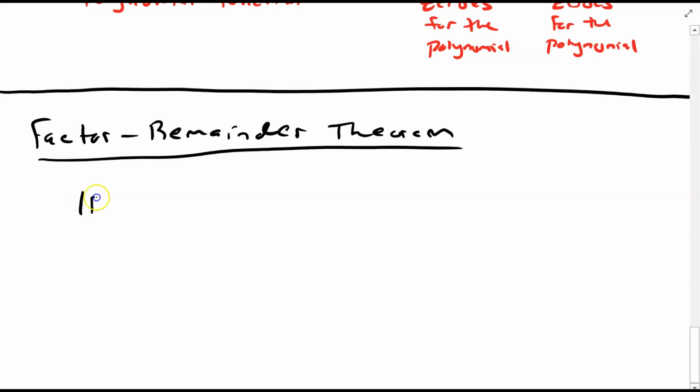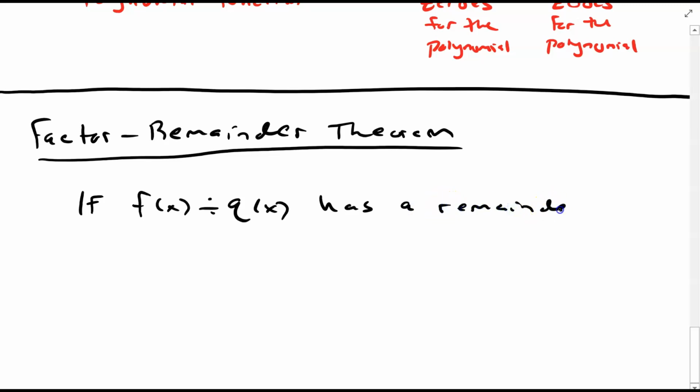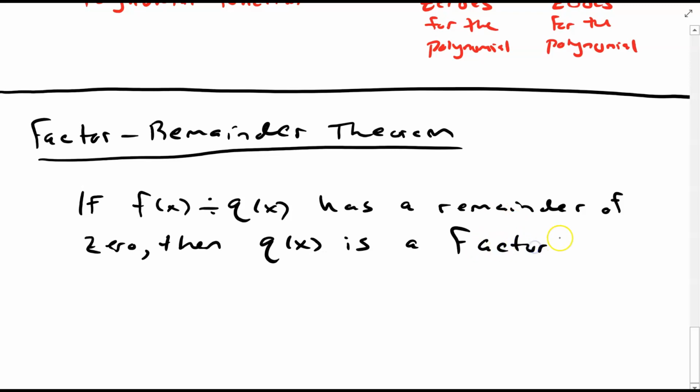And it says that if f of x divided by q of x has a remainder of 0, then q of x is a factor of f of x.